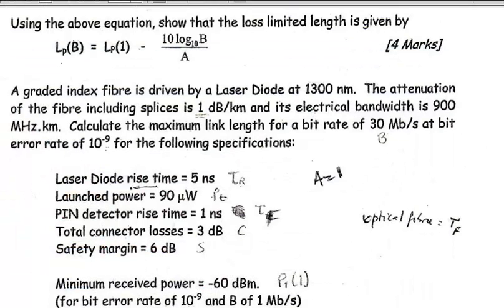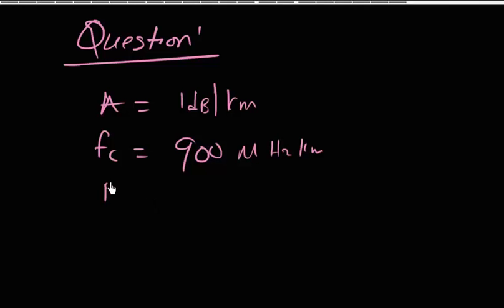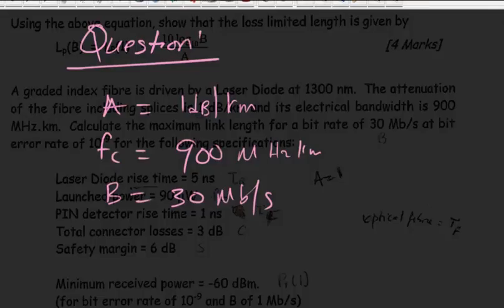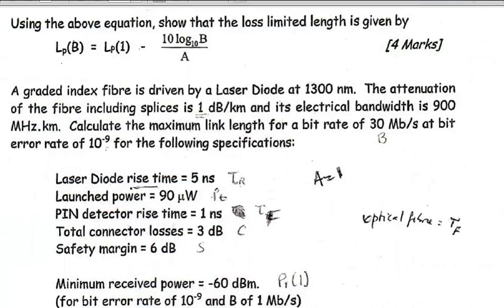Calculate the maximum link length for a bit rate of 30 megabit per second. That's B, right? So B is equal to 30 megabit per second at error rate of 10 to the power minus 9 for the following specification. Don't worry about that.